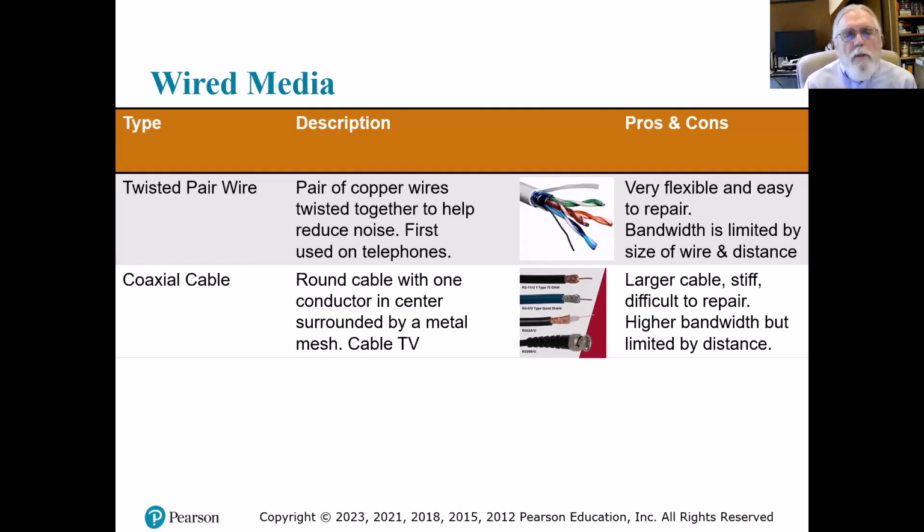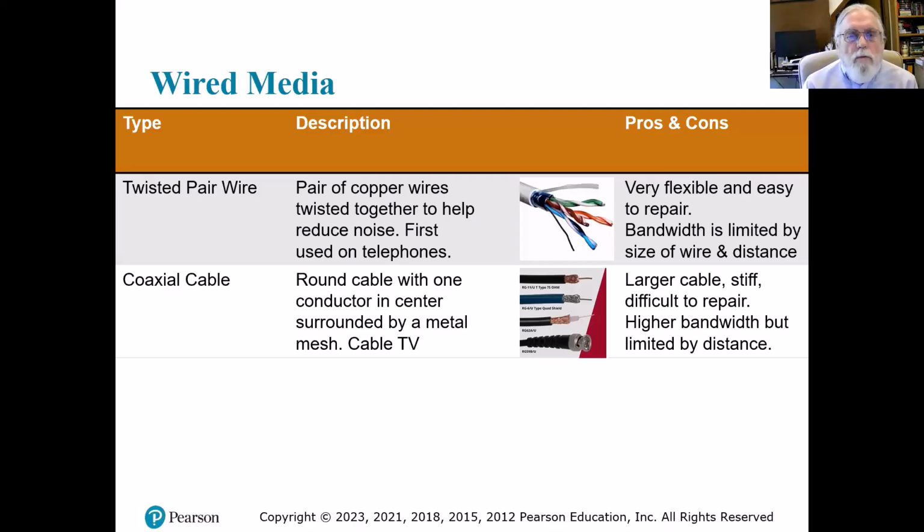But it does have much higher bandwidth than the twisted pair. But it suffers from the same problem that the twisted pair does. It's sending electrons down a piece of copper, and the bandwidth is limited by the physics involved in doing that.